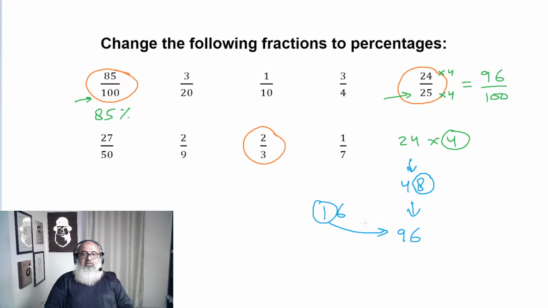We bring down this 0, and then again 3 times 6 is 18, and then we have 2 as the remainder. So this is the remainder, this is the quotient, and this is the divisor. As I told you before, we write the quotient, that is 66 in this case.